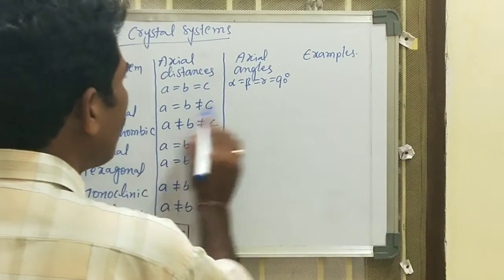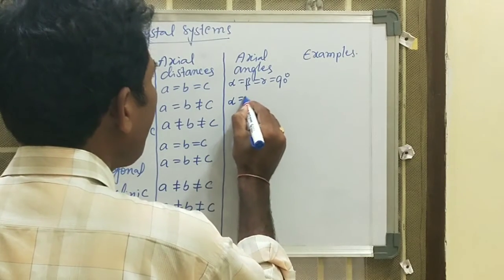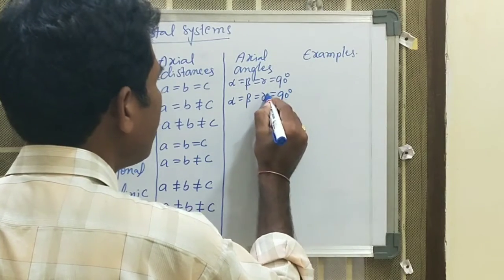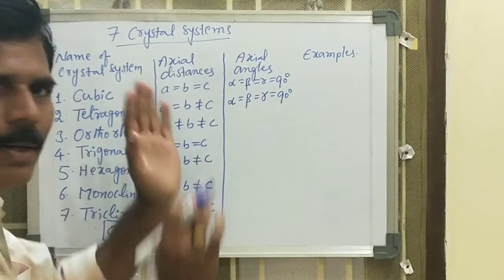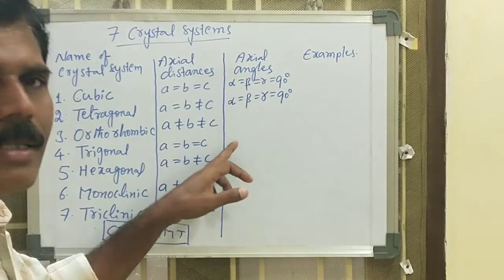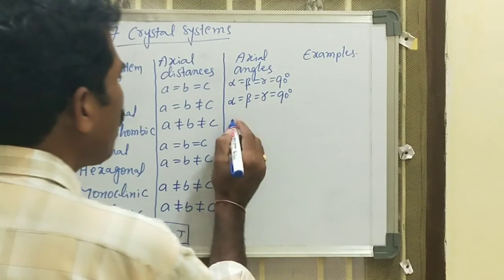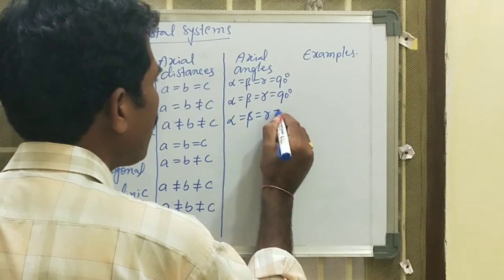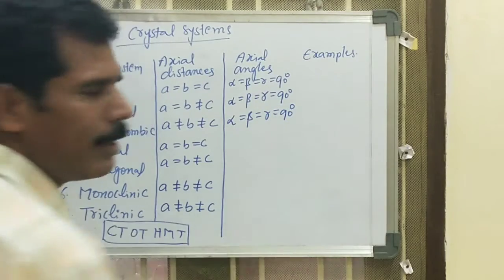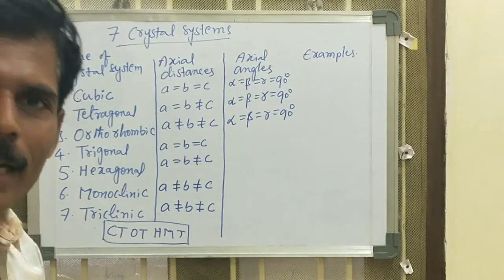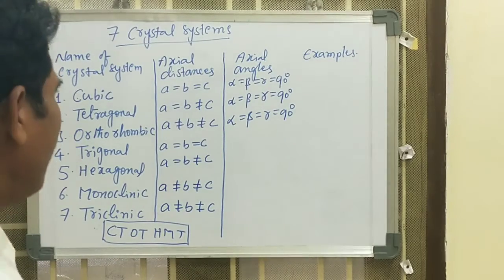Now for tetragonal, alpha equal to beta equal to gamma equal to 90 degrees. First three axial angles are same. So for orthorhombic, alpha equal to beta equal to gamma equal to 90 degrees. Right? First three are same. You can write without any confusion.